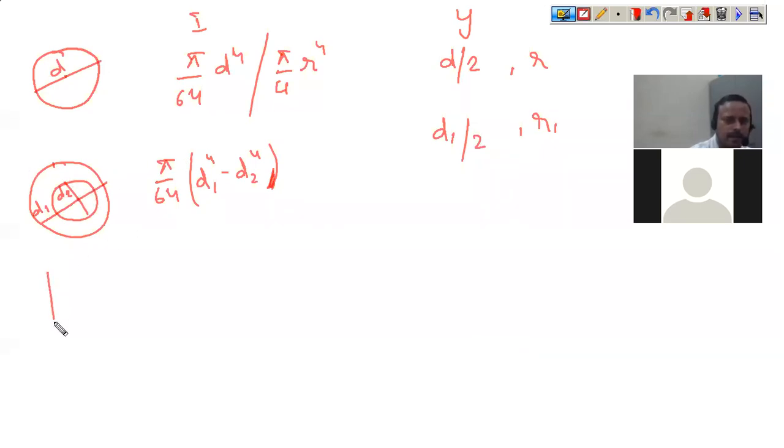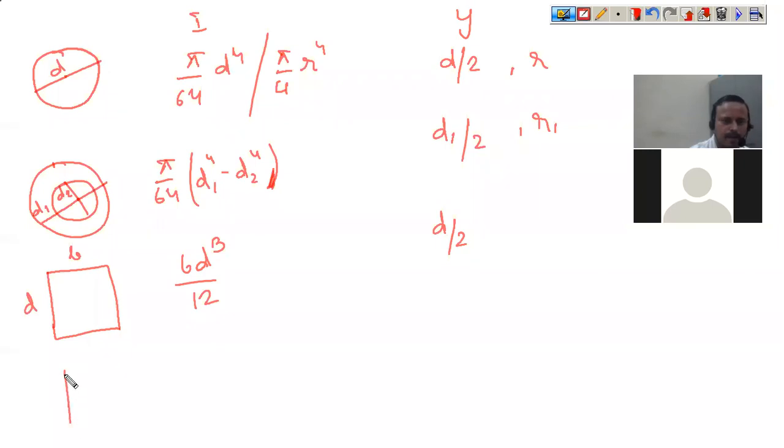So if you have a rectangular body, all these formulas were predefined, pre-derived in second year. So this is B D cube by 12 and the distance of the extreme fiber is D by 2.